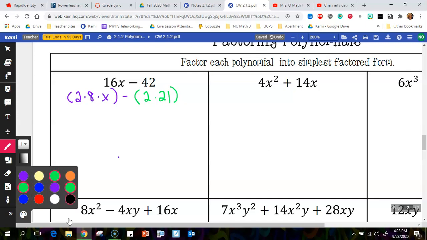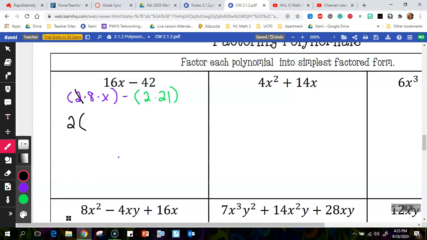So that's the thing that I'm going to take out of both of these and put on the outside of the parentheses. So I'm done with that 2. And then what do I have left in parentheses? I've got the 8x. The minus stays a minus. And then over here I've got a 21. So that's my answer right there. And that's all I can do with it.